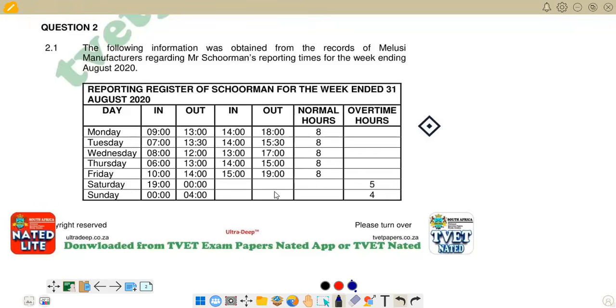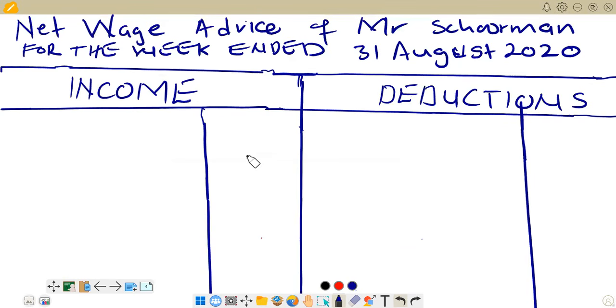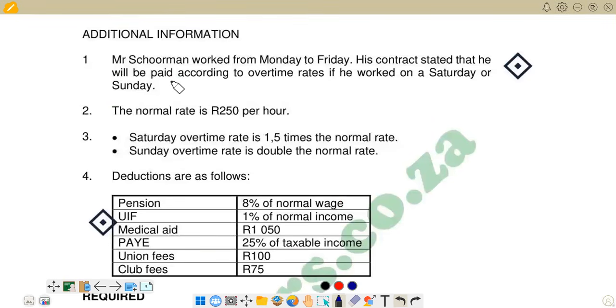On the next page we have additional information. In item 1, Mr. Scorman worked from Monday to Friday.